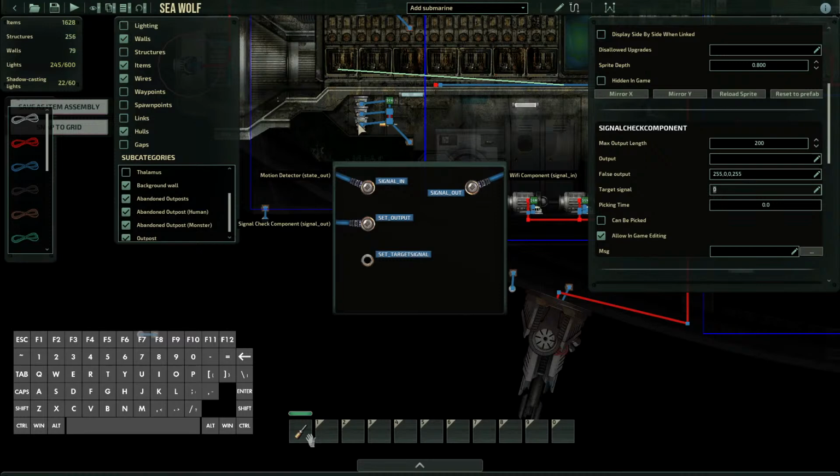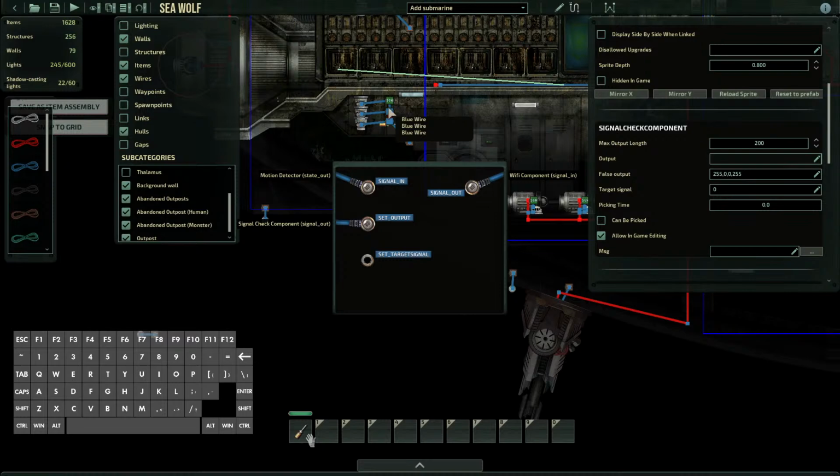Doing this wrong. No, I did it right. We saw it. It was working. If this is producing a 1. Oh, right. So the target signal here is a 0. So if this thing isn't sending anything, then the true output is being passed out through the signal output, and the true output is the feed from the previous signal block.